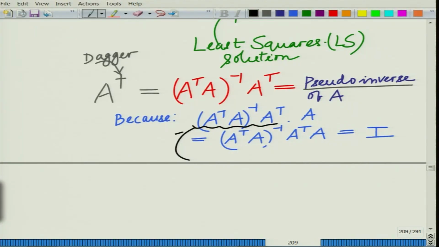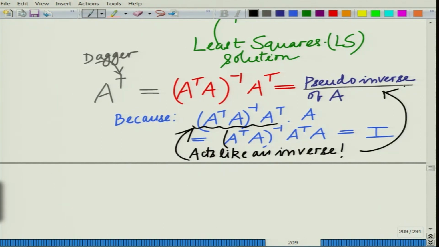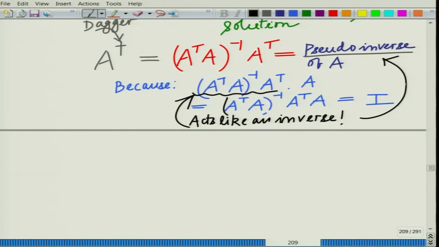So, this quantity acts like an inverse, it is not an inverse, and that is why it is termed a pseudo inverse.